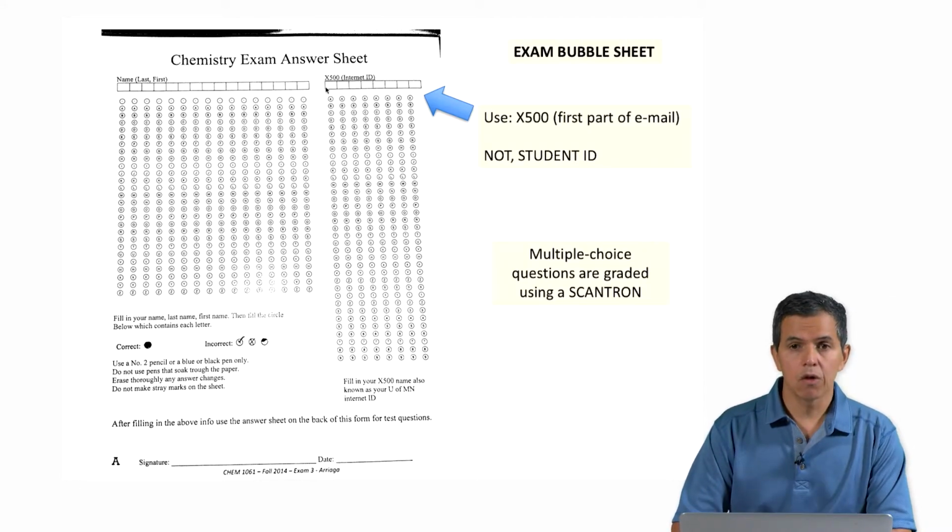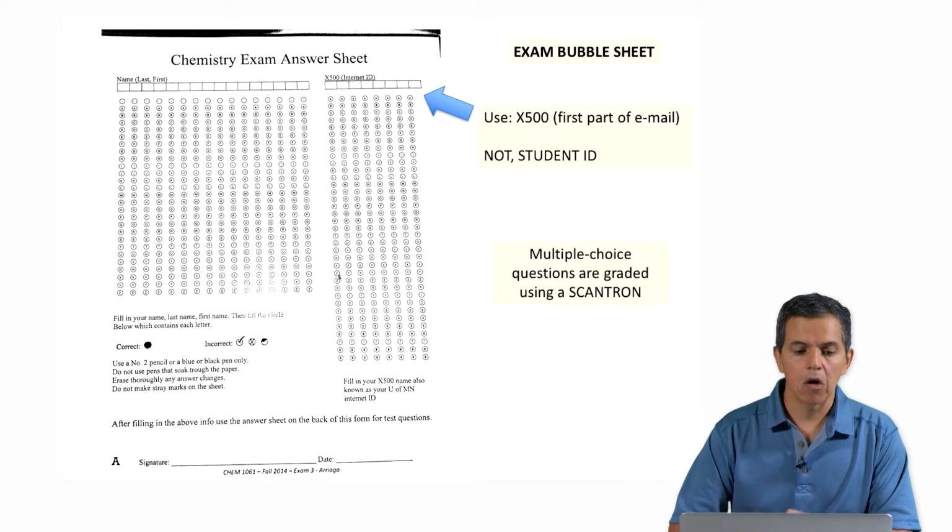It's very important to include this X500 because this allows us to match your responses to your specific email address and to your records. As you enter any information here, you need to match either the alphanumeric characters, either letters or numbers, down the column.